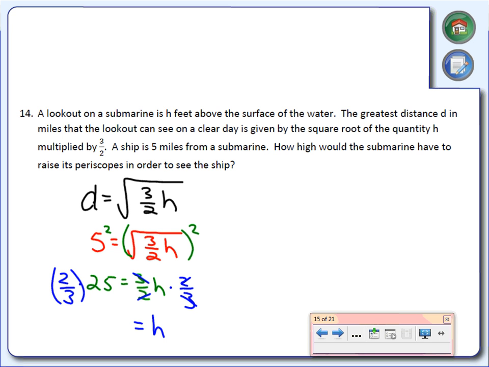What do you get when you multiply 2/3 times 25? 16.6666666. And there we have it. Now notice here they didn't tell us any specific place to round, so we'll go ahead and leave it 16.666. Of course, on the test it'll be multiple choice, so you should see one of the choices.